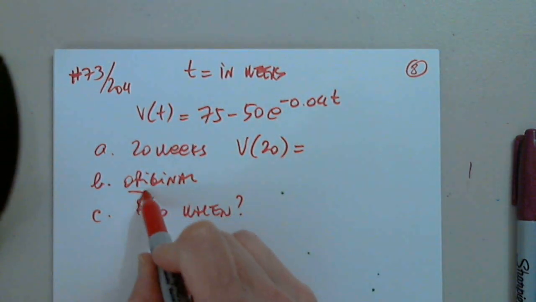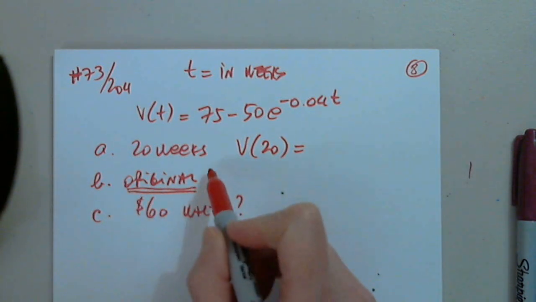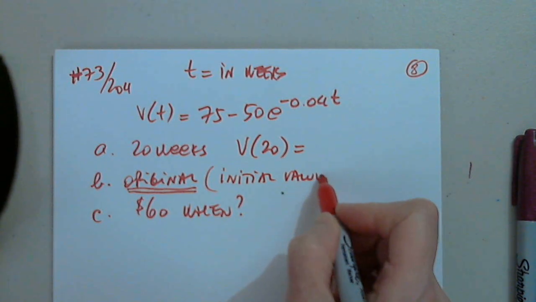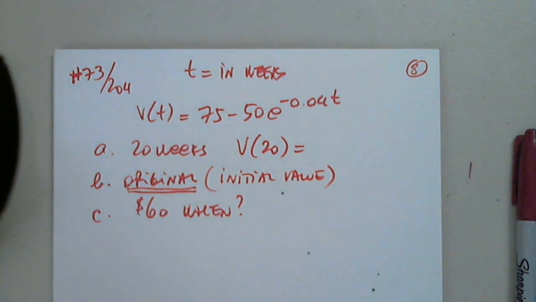What about the word original? Also called initial value. What does that mean? What are we asked to do for initial or original? Not 20 weeks into the process, but originally, initially.